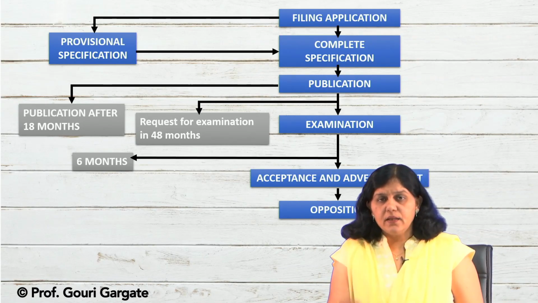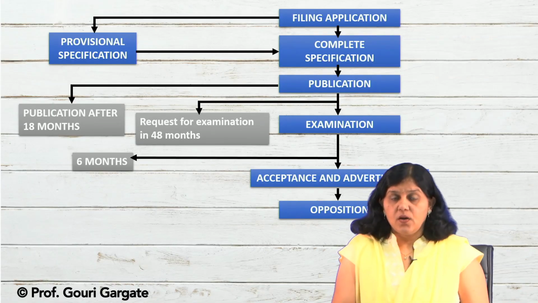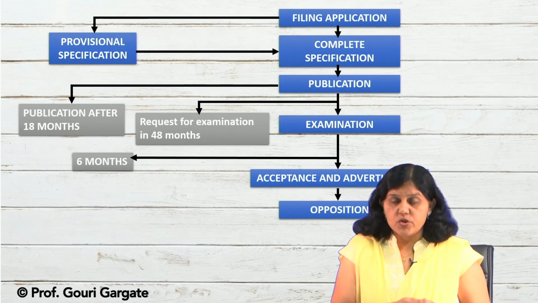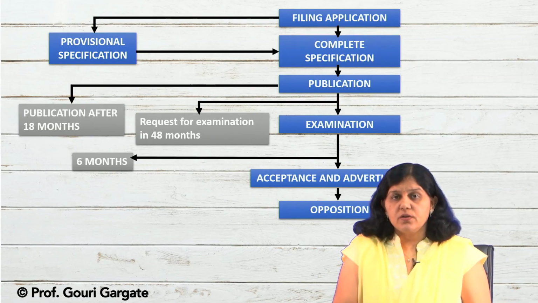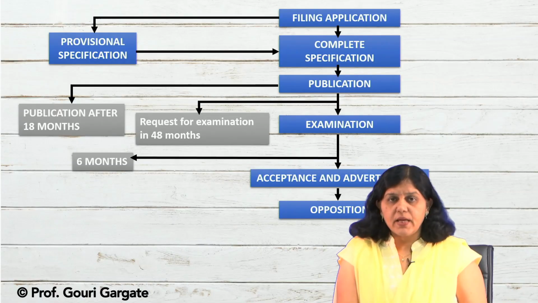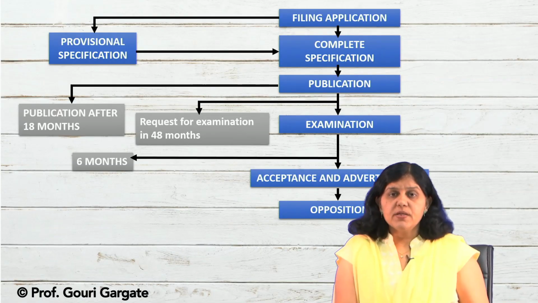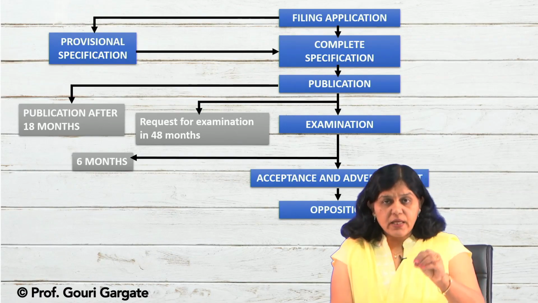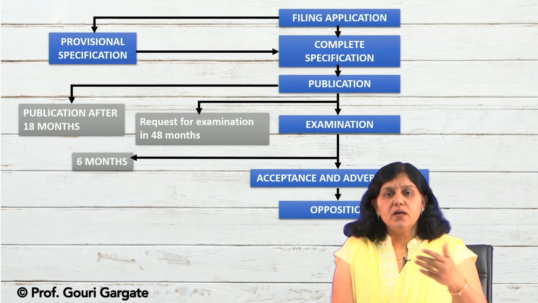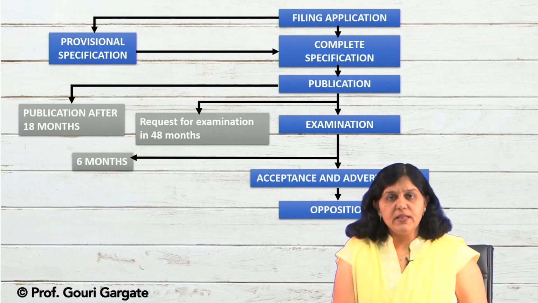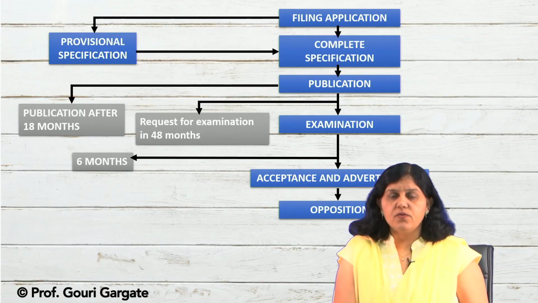In the pre-grant opposition anyone has the right to file, but in the post-grant opposition only the person who is skilled in that art can file the opposition. So, for example, suppose the invention is in the mechanical domain, then a mechanical engineer working in that particular specific domain can file the opposition using a requisite form, and he will give that form to the patent office.